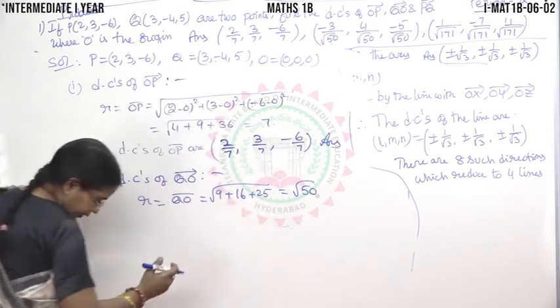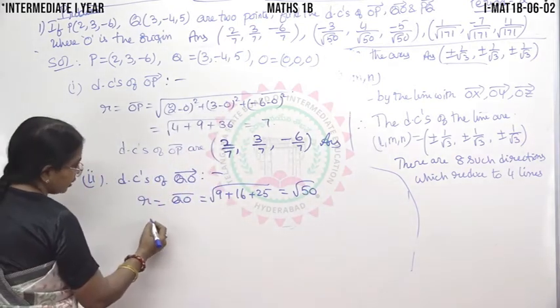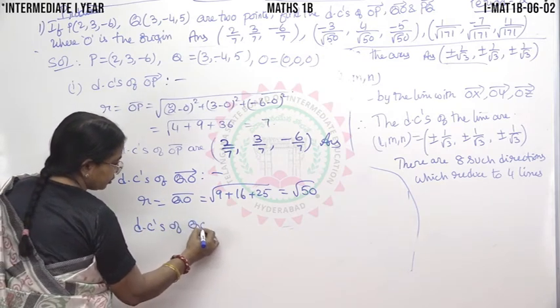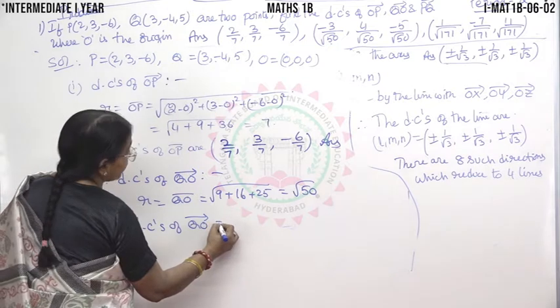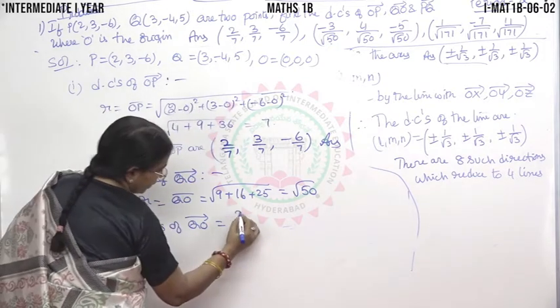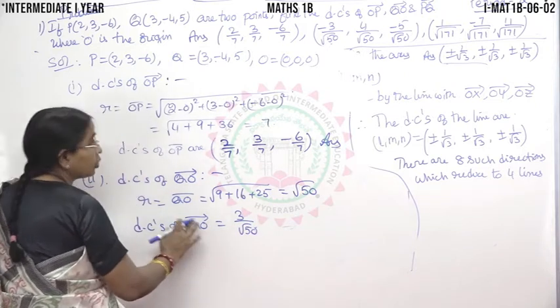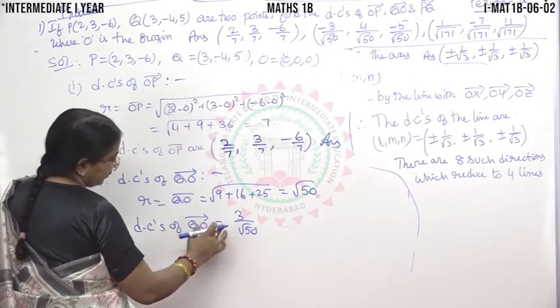So now the direction cosines of QO. One is the origin, so you can just write the coordinates. That is 3 by root 50, if it is OQ.